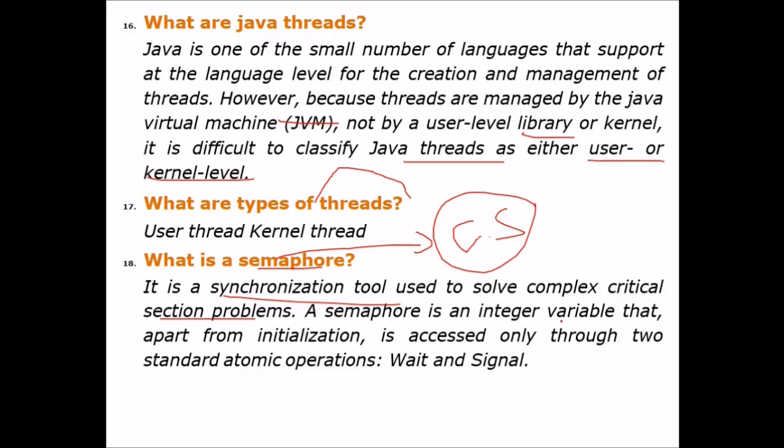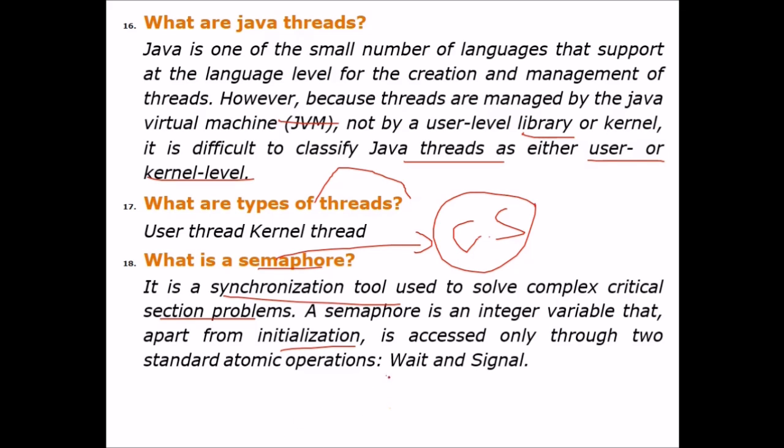A semaphore is an integer variable that, apart from initialization, is accessed only through two standard atomic operations. You initialize it once, and after that it can only be accessed through these. Atomic means that the operation will happen only when other operations are not going on, and it will happen in its entirety.